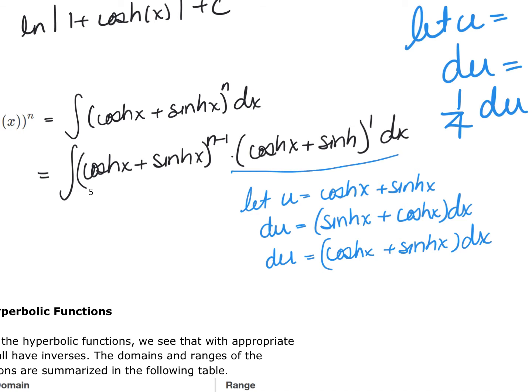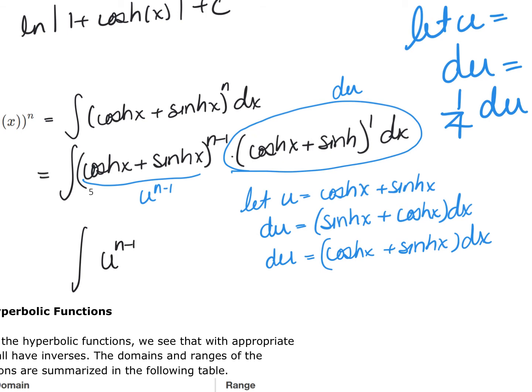So you can see that this is just a nice du, and this is u raised to the n minus 1. So I really have u raised to the n minus 1 du.